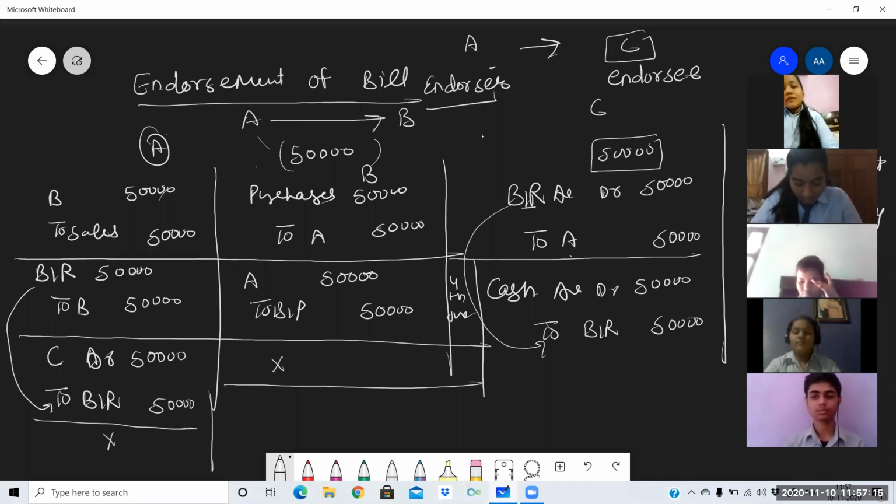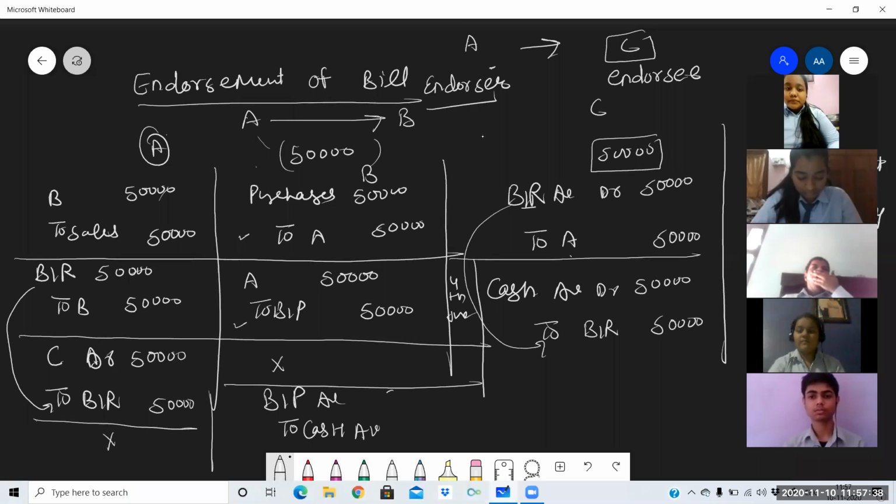And in the books of B, again the same entry. So irrespective of the treatment, the number of entries will be the same in the books of the drawee always. Okay, the first entry is in relation to purchase, the second entry is in relation to acceptance of the bill, and the third entry on the date of maturity is making of payment. So BP account debit to cash account. This is the entry.